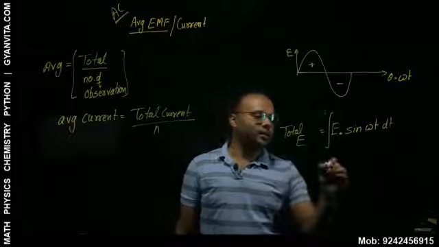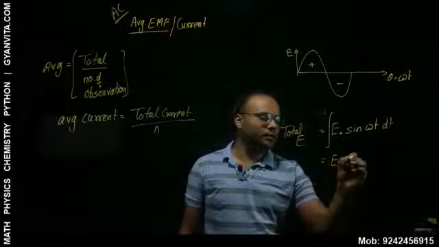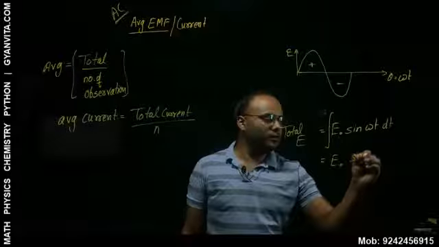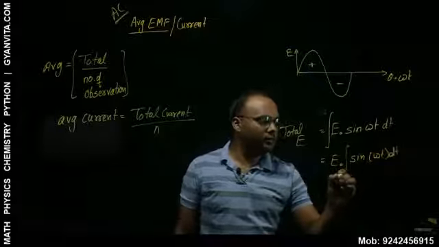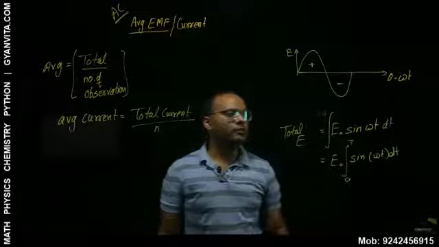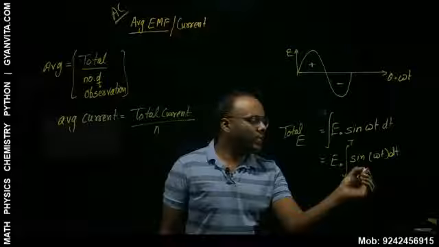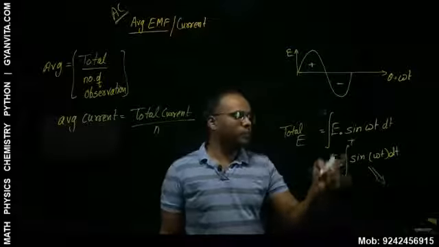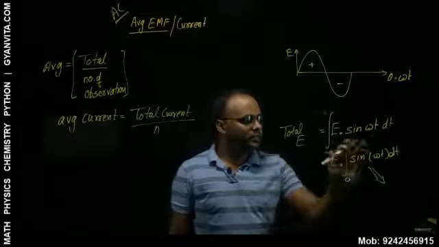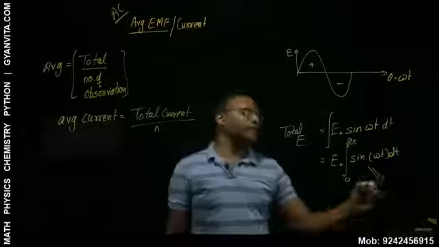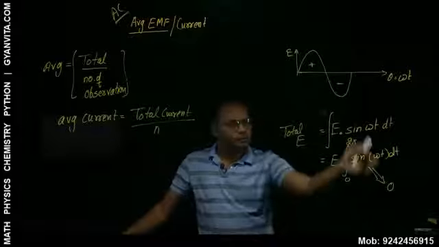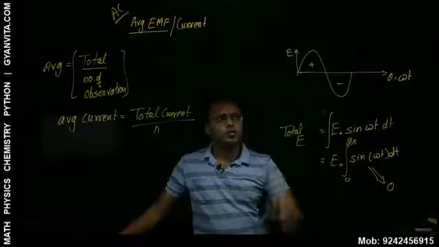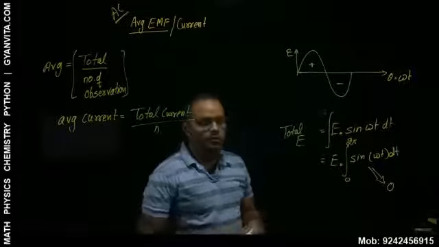I'll get E naught times the integration of sine omega t dt from 0 to t. And I know that t is actually 2 pi, theta is 2 pi there. So that is actually 0. This we already know. So total will come out to be 0 in one cycle.